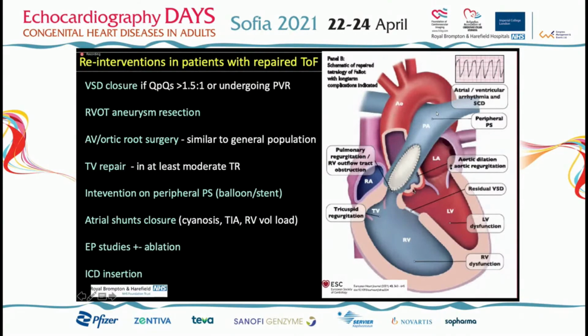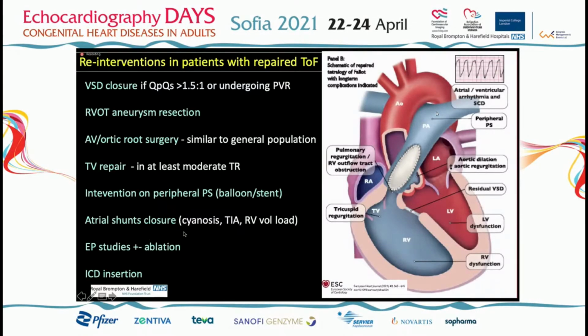Then aortic root repair or aortic valve repair, with indications similar to general populations. Also, as mentioned, tricuspid valve repair, at least with moderate tricuspid regurgitation, can be performed at the time of pulmonary valve replacement for pulmonary regurgitation. Interventions on peripheral pulmonary arteries are mostly percutaneous.